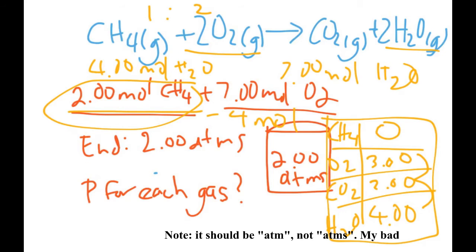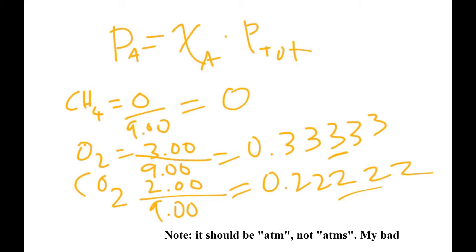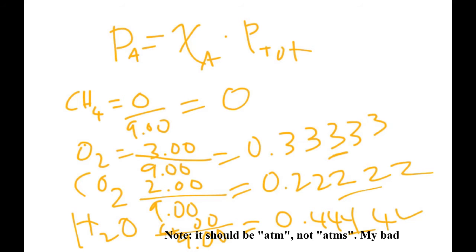So let's do it for CO2. For CO2, we have 2 moles of it, so 2 moles of CO2 over 9 moles of the total number of moles, and this gets us 0.22222. Last but not least, for H2O, it is 4.00 over 9.00, and this is equal to 0.444 with the last 4 underlined.